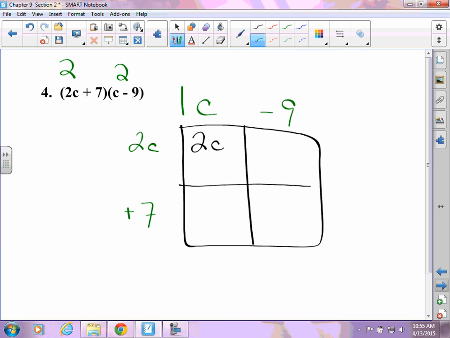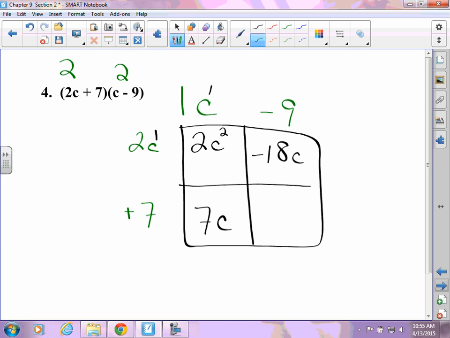Negative 18C. How about lower left? 7C. Okay, it's like this. I literally have kids who use their fingers and follow those numbers into the correct cell. So do that if you have trouble with that. And then my last cell, negative 63.